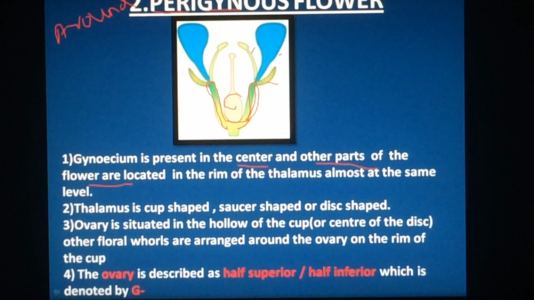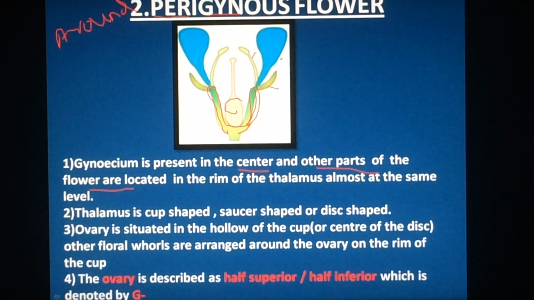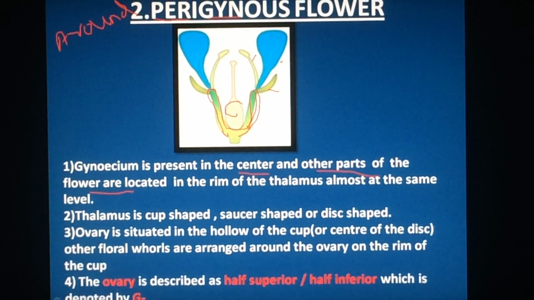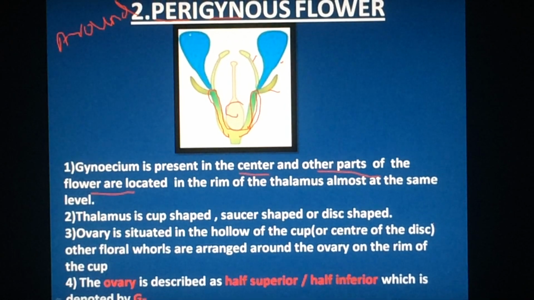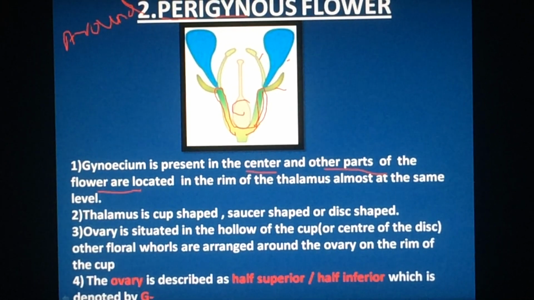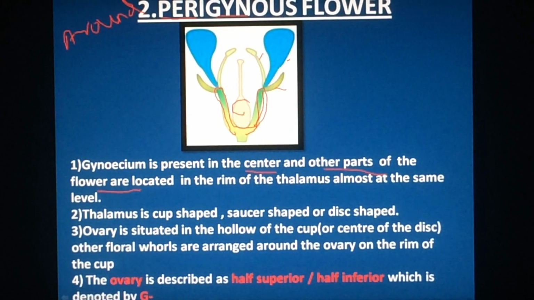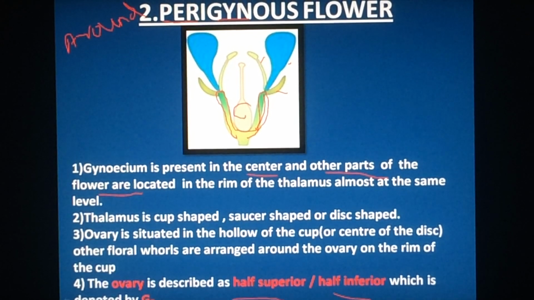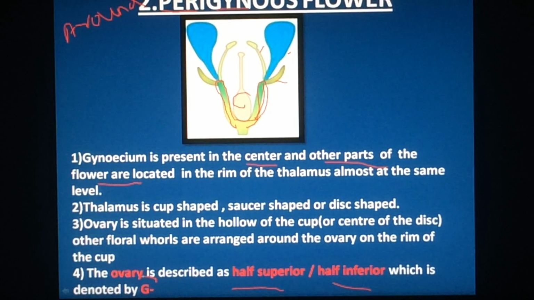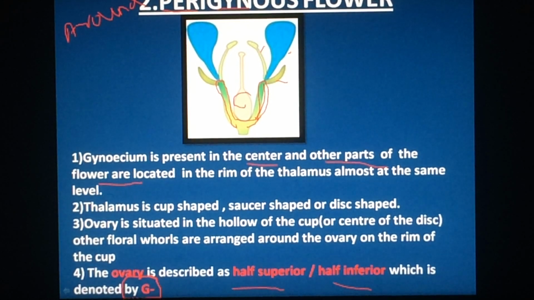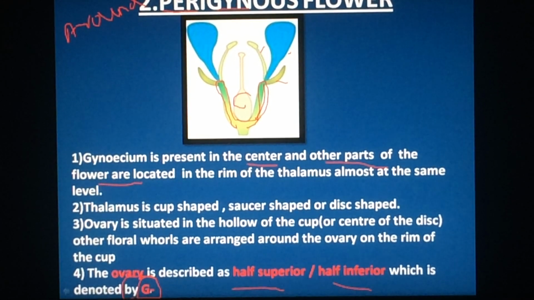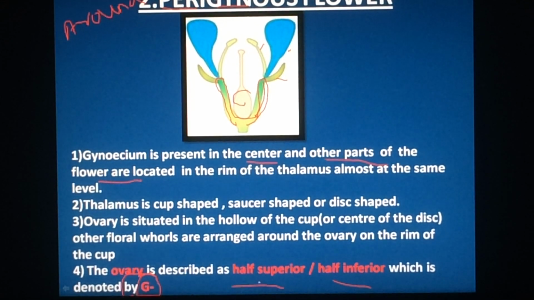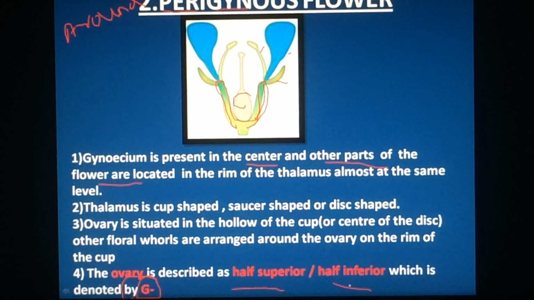In such flower, if you see, ovary is called as half superior or half inferior, which is denoted like this, G with a line over it. Ovary is half superior, half inferior.